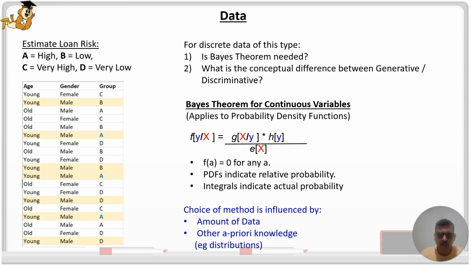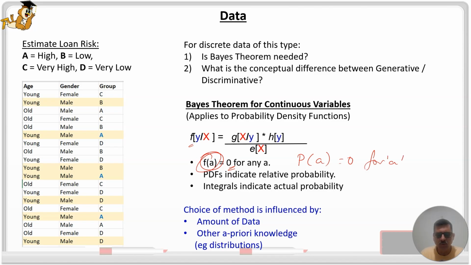Actually, wait a minute. This notation that I have used here is unfortunate. I should not say f of a equals 0, since f is obviously a function. I should say probability of a is 0 for a specific a.